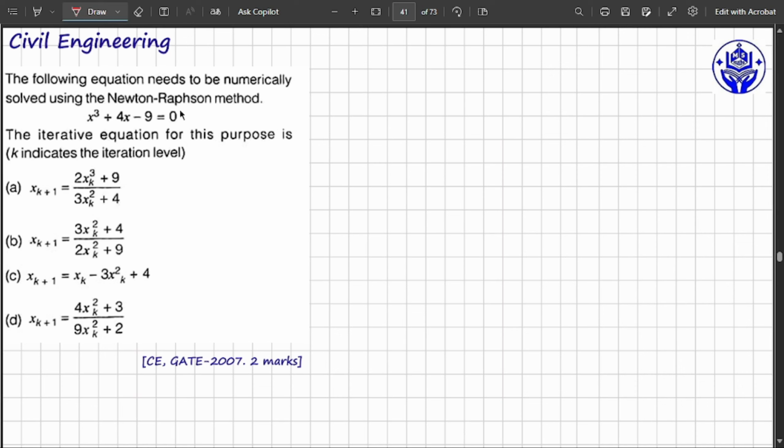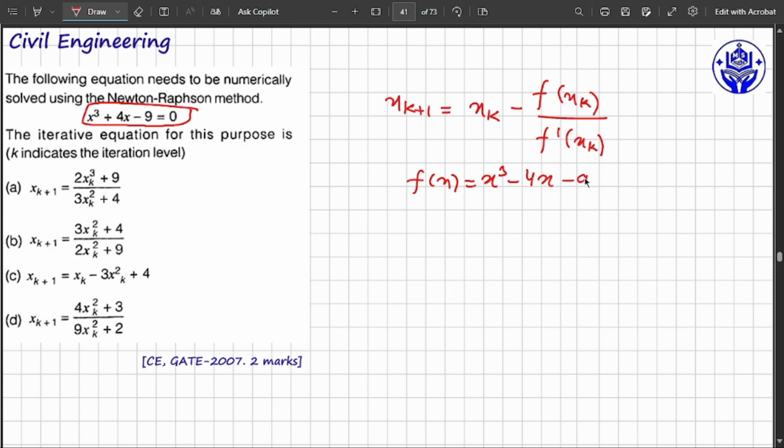This is the equation, and what is the Newton-Raphson scheme for this? For the kth iteration, the formula is x of k plus 1 equals x of k minus f of x at k divided by f dash of x at k. Now your equation is f of x equals x cube minus 4x minus 9, and f dash of x is 3x square minus 4.